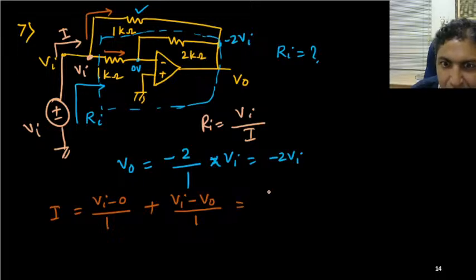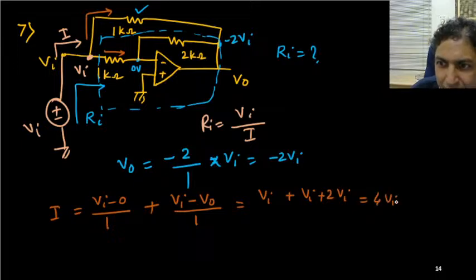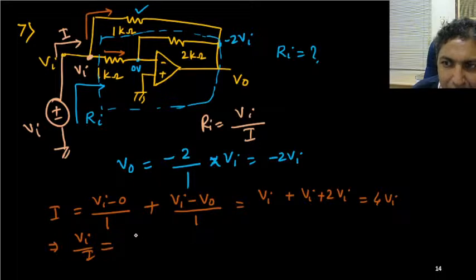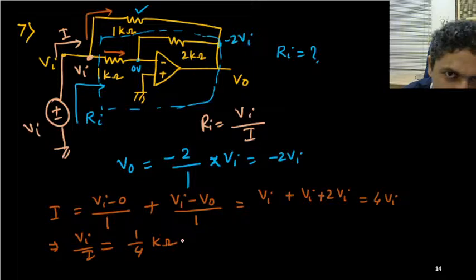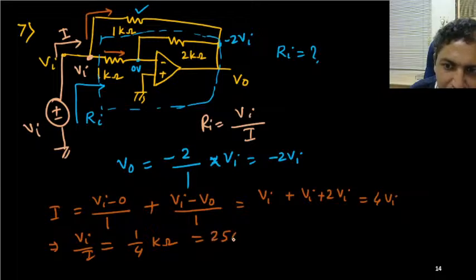Am I correct? So this is Vi and that is Vi, and minus plus 2 Vi. Total is 4 Vi. Okay. So Vi upon I is simply 1 upon 4, that is kilo ohm. Be careful because all are in kilo ohm range. So this 1/4 kilo ohm is exactly 250 ohm.